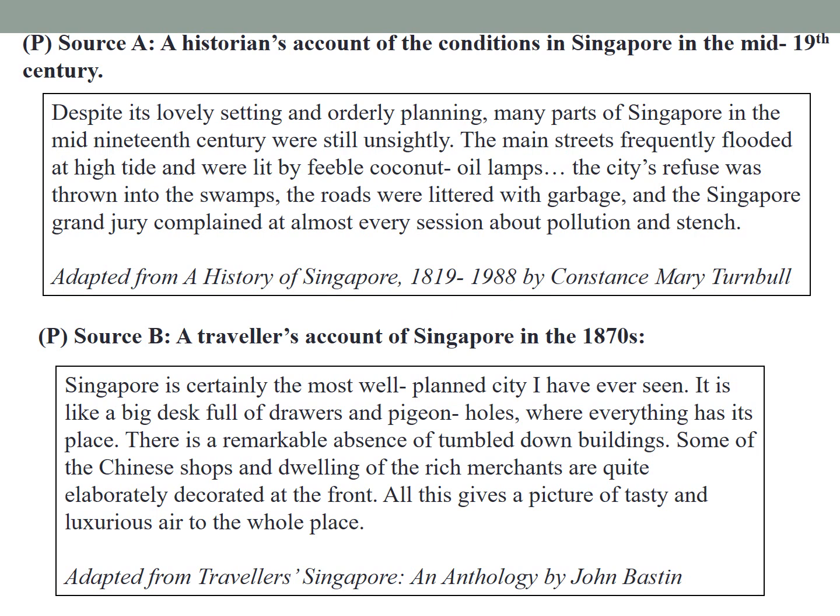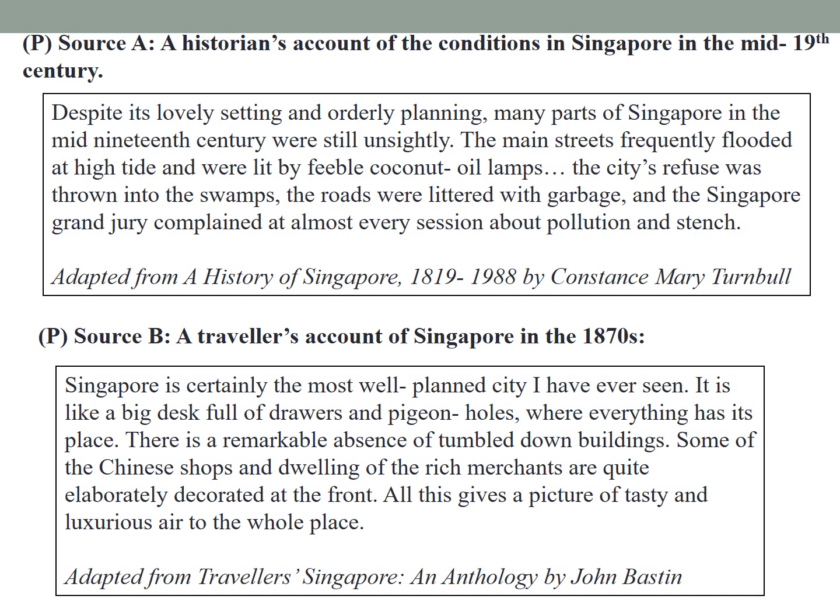This written source is known as the source content. What does the source tell us? Despite its lovely setting and orderly planning. Despite indicates that in spite of its lovely setting and orderly planning, so this shows that Singapore had a lovely setting and had orderly planning. So this is a compliment, right?